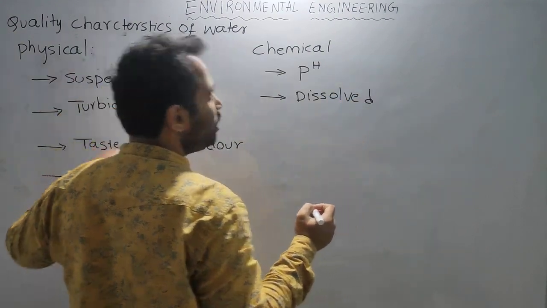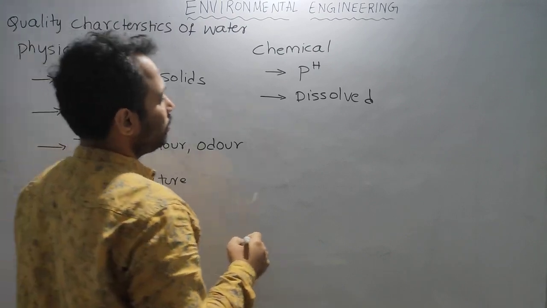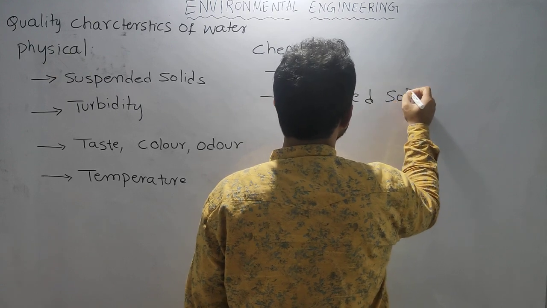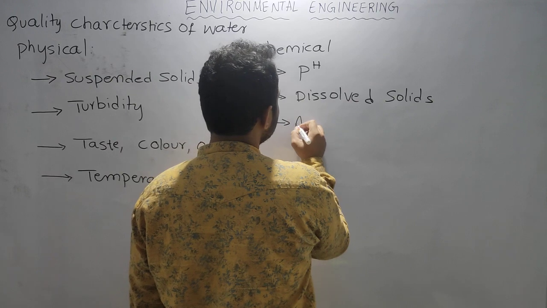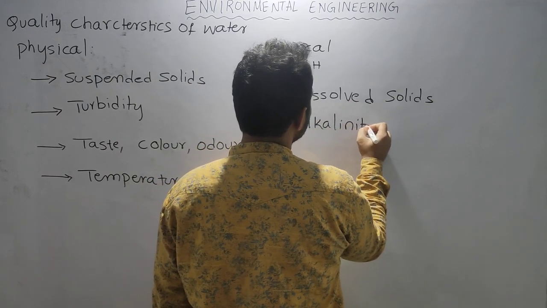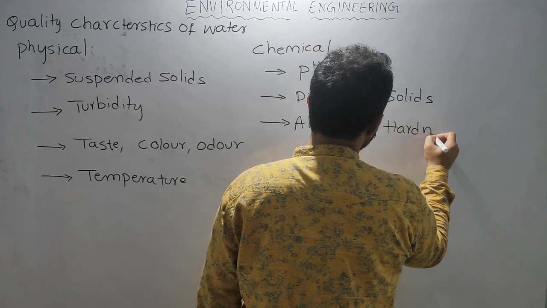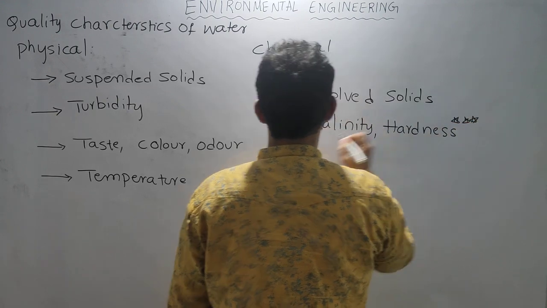Suspended solids you can see and feel, but dissolved solids you cannot see, so dissolved solids come under chemical. Alkalinity, hardness. This is very, very important for your GATE examination.